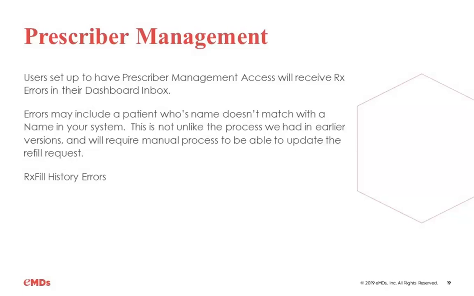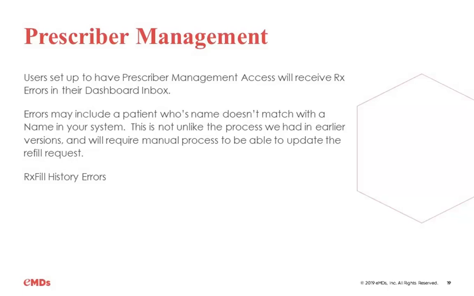They're going to get that. And then if the patient exists in the database and they want to refill that medication, it doesn't link into the messages, so they would have to manually go into that chart and then do a refill from the medication window and get it back out.